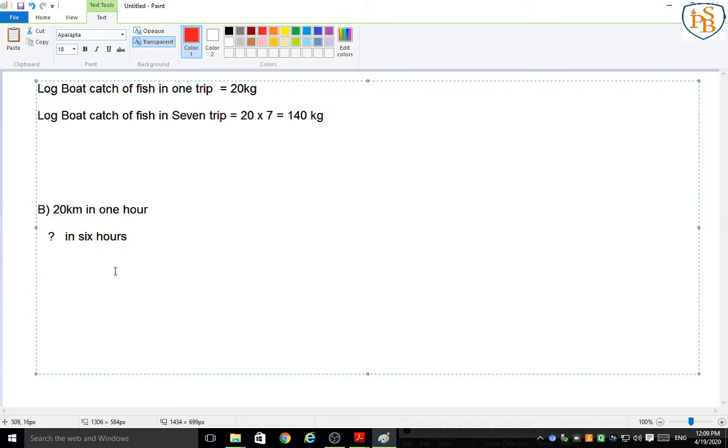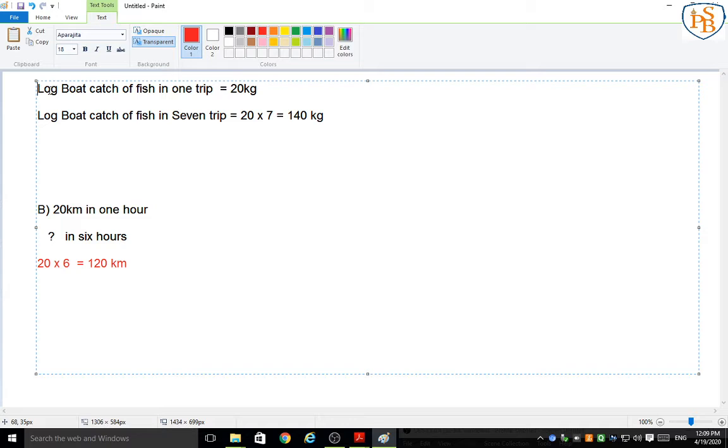Yes, 20 multiplied by 6 is equal to 120 kilometer. So what is the answer, students? The motor boat goes 120 kilometer in 6 hours.